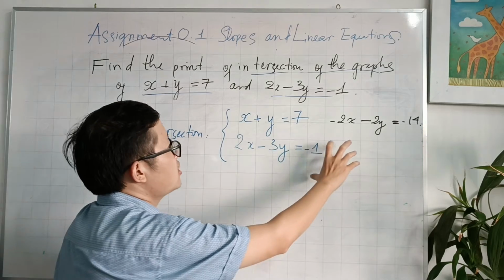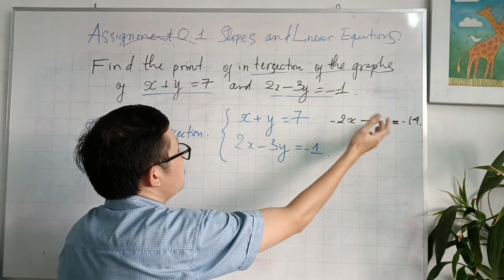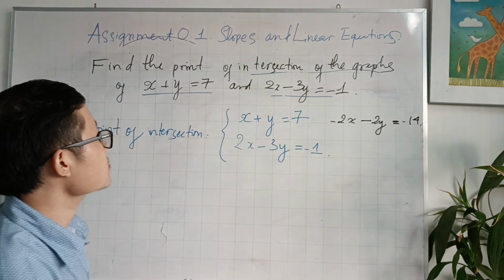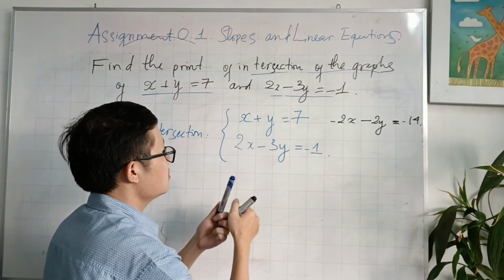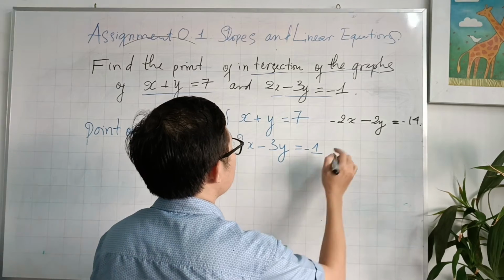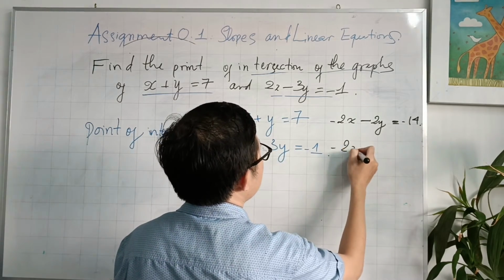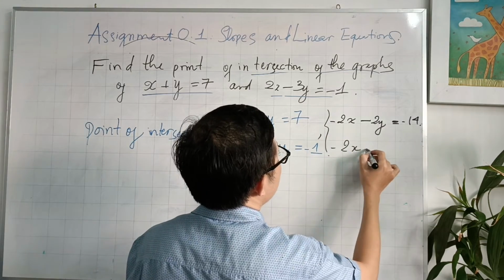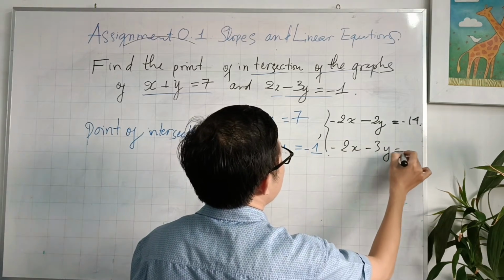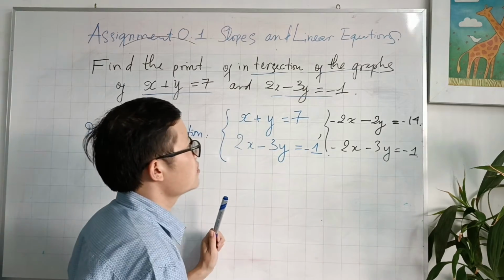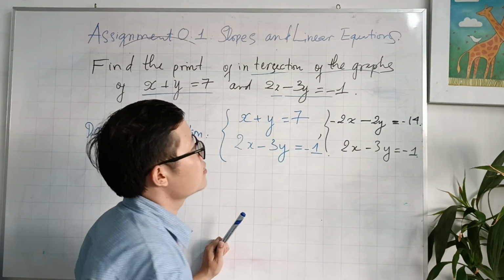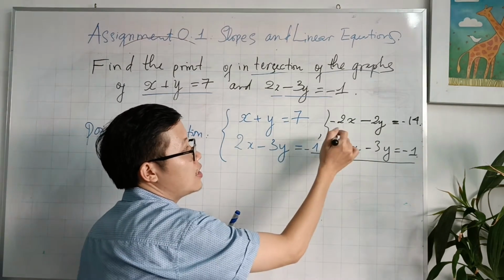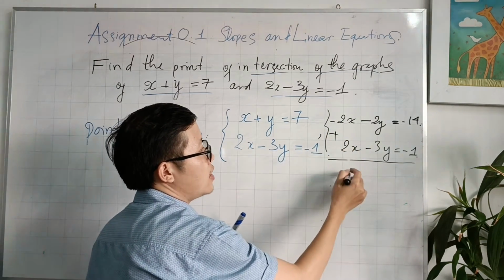And you do the addition side by side. So we have, I'll rewrite it here now. Negative 2x plus 2x is 0.